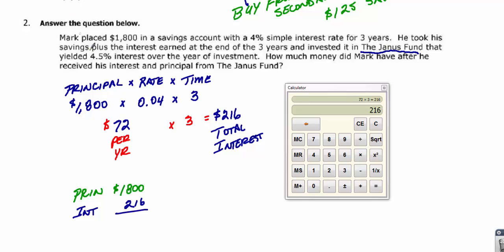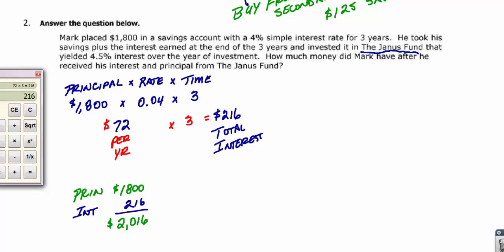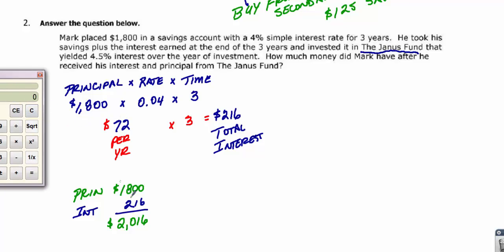If he went to the bank and said, I want my money, and they said, here's $216, he'd say, wait a minute, what happened to the 1,800 I gave you? So he's going to have $2,016. And he's going to take that 2016 and he is going to invest it in the Janus Fund.